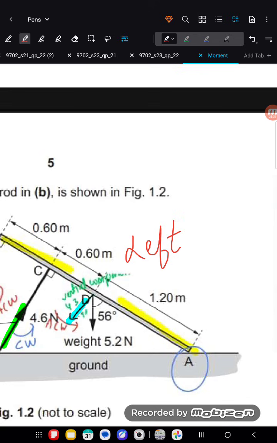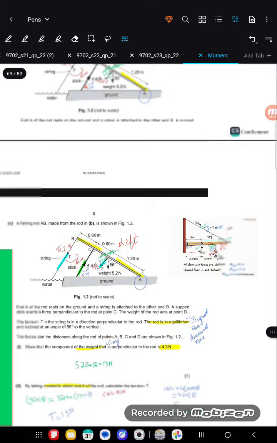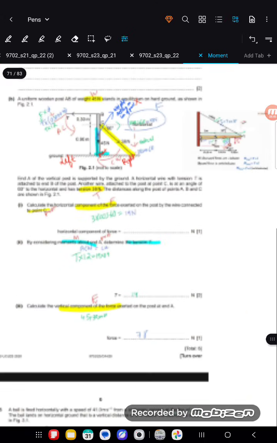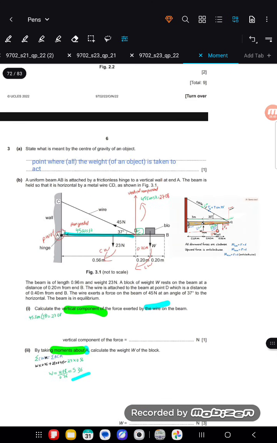When you split, this one will go downward, so you have to take this as downward. So it will be anti-clockwise. That's it. Everything is easy.